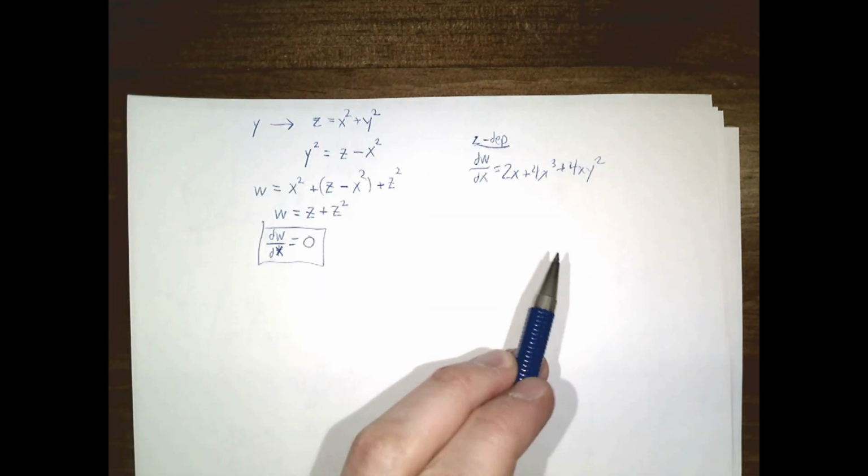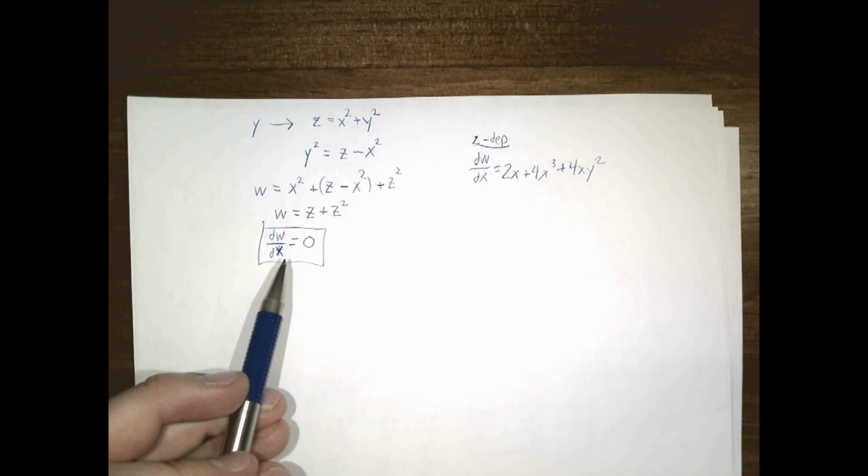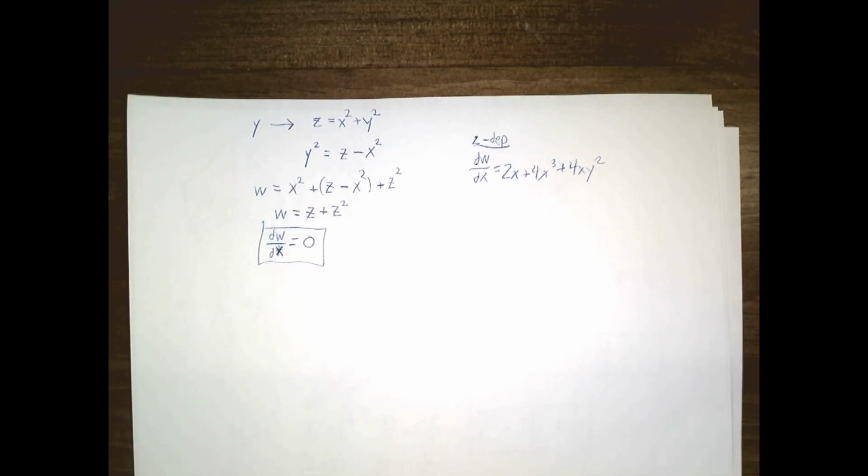That's what we found. Under this different set of assumptions, w is constant in x. So it's really important that we look at how all these relationships fit together to give us the overall nature of our function under this constraint.